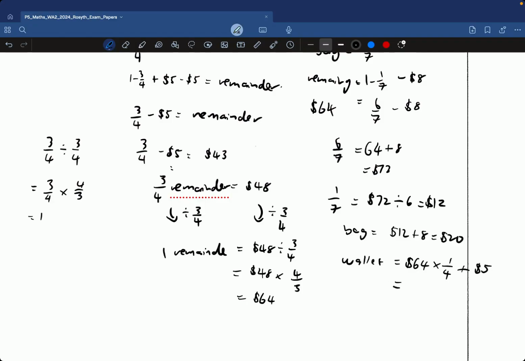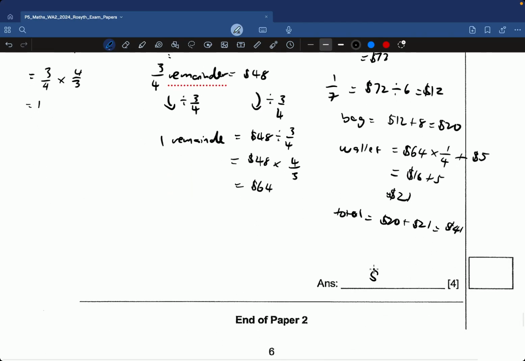So 64 divided by 4 is $16, plus 5, which will be $21. So the total will be $20 plus $21, which is $41. So the answer here is $41.